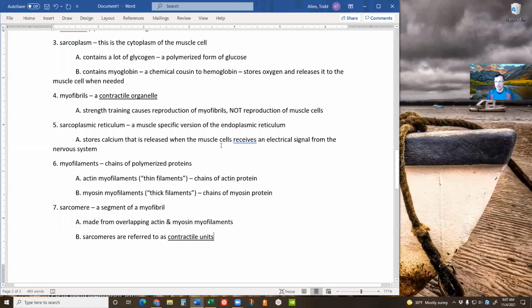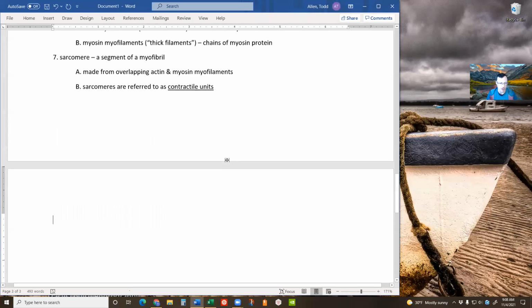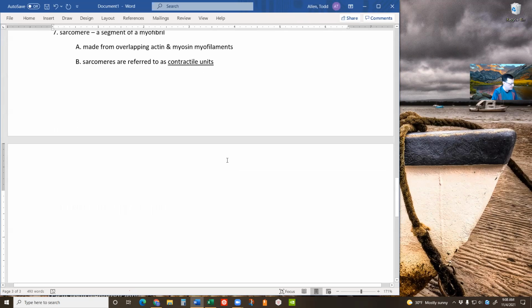So you can see, as with every chapter you've had to wrestle with in this course, that there's a lot of new vocab. Okay, let's continue here. I need to highlight some specific muscle proteins in your notes because they're going to be important for our future conversation about the physiology of muscle.